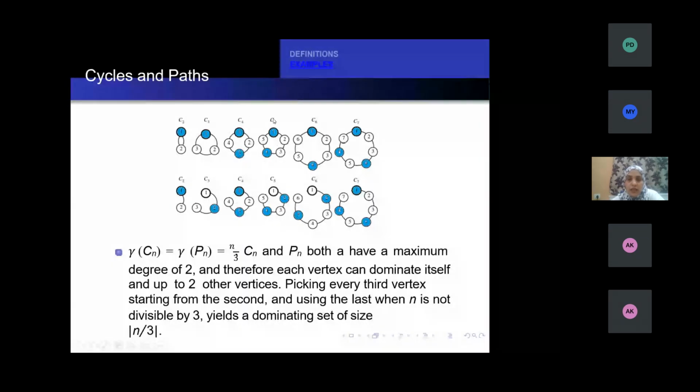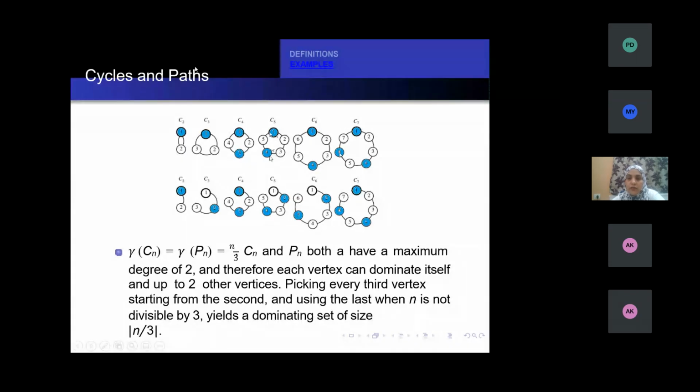Again in C5, we can see we are considering 1 in the dominating set. It's covering 5 and 2. The remaining 2 vertices are left over. So we are considering vertex 4 in the dominating set. Whereas in C6, 1 and 4, only 2 vertices dominate the whole graph.